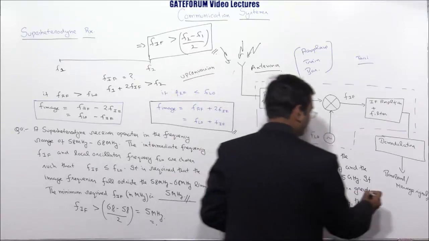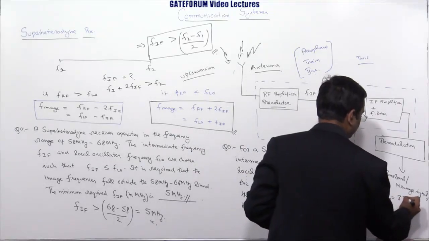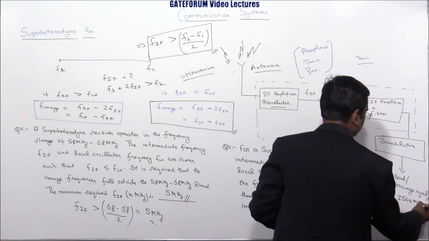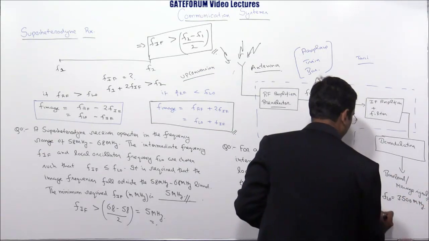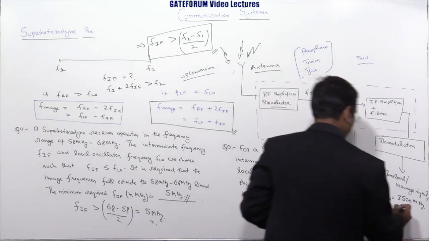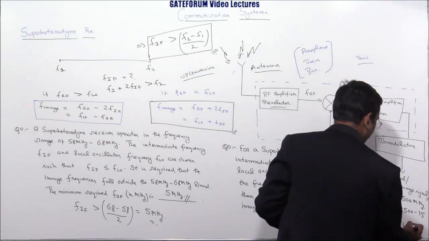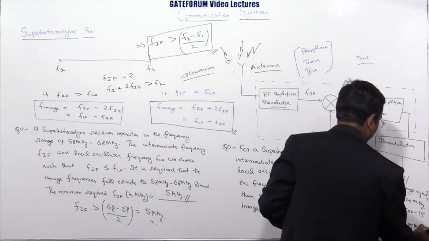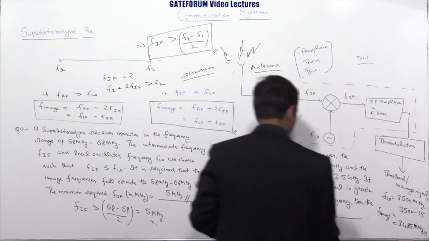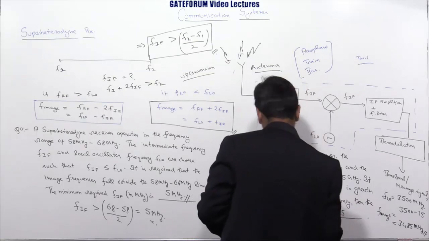And here FLO I can write 3500 megahertz. F image will be 3500 minus 15, 3485 megahertz. Okay, 3485.